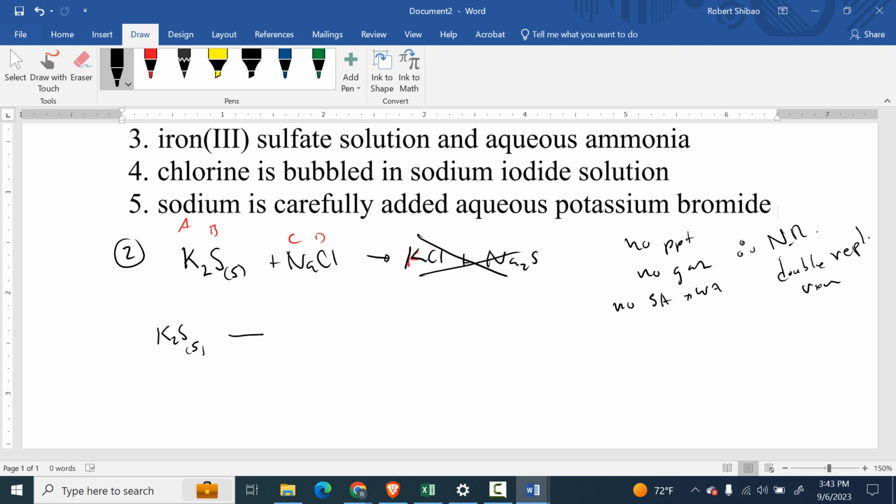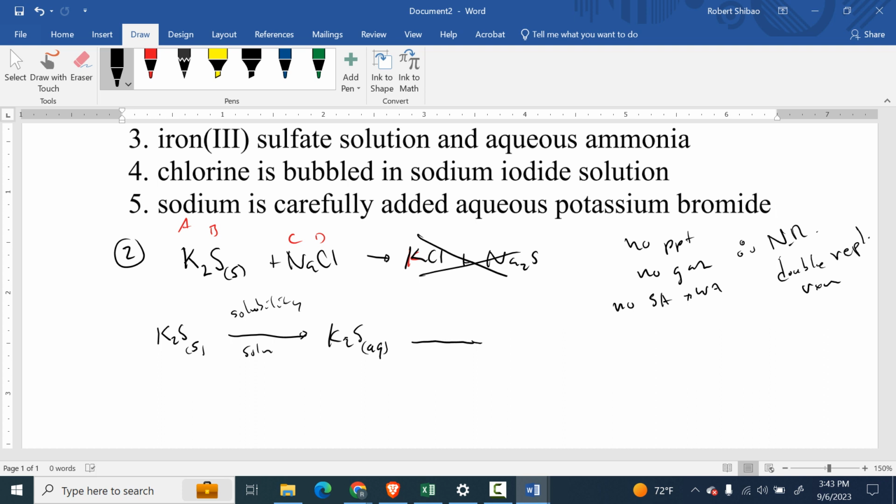So if I have solid potassium sulfide and there's water present from the solution, then I look at solubility first. And solubility says potassium salts are soluble. It's going to just go K2S, aqueous. To emphasize aqueous, I'll write AQ here.